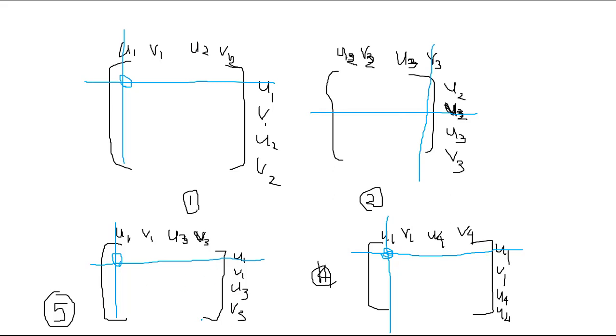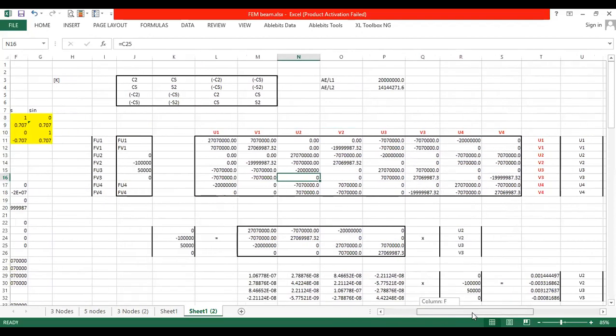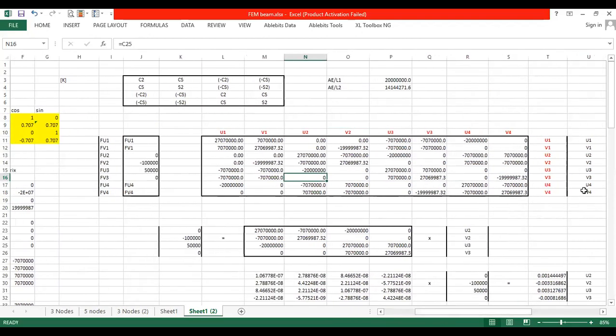Here the V3 column is there, but the U2 row is not there. U2 row should be there and V3 should be the column exactly as it is, right? So likewise, you can add those things and make this matrix.